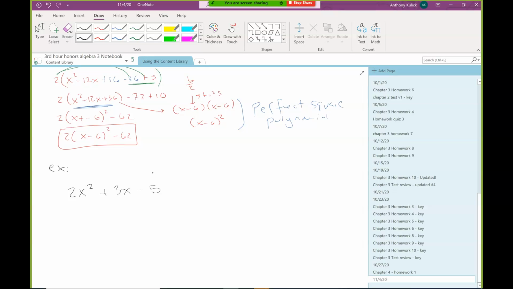It's just going to get more fraction-y. Okay. First step would be, yeah, factor out that 2. So in doing that, we have to divide everything by 2.